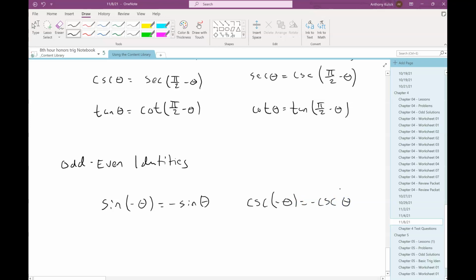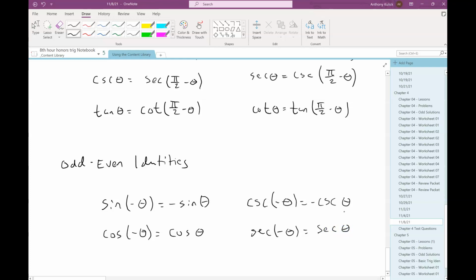Okay. We remember that cosine is an even function. So I know that f of negative x is equal to f of x, or in our case, cosine of negative theta is just equal to cosine theta. And if that's true, it has to also be true for its reciprocal.